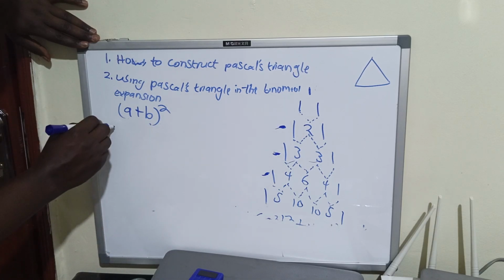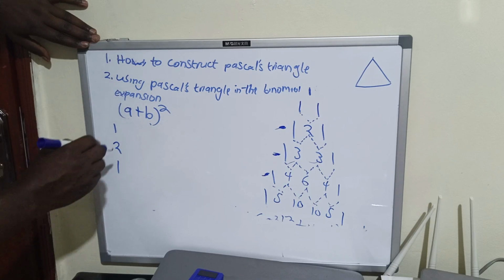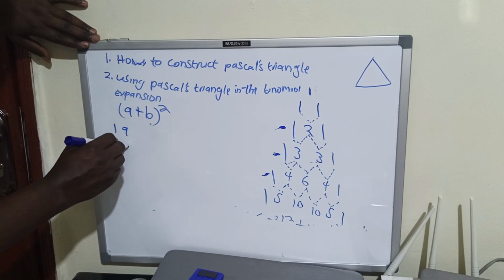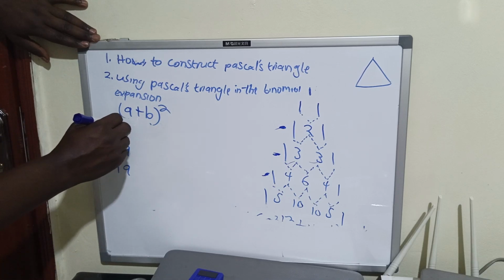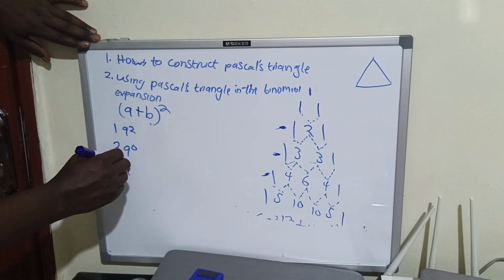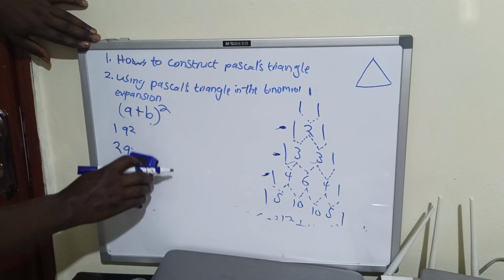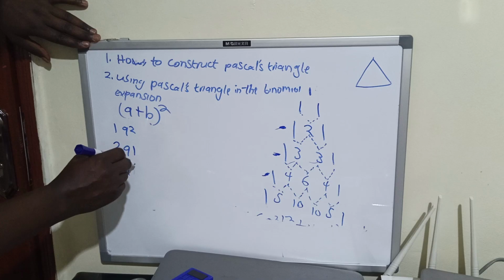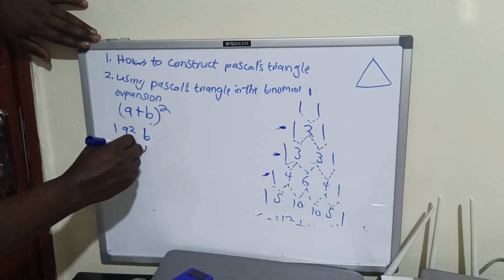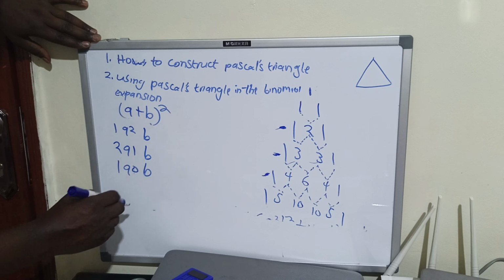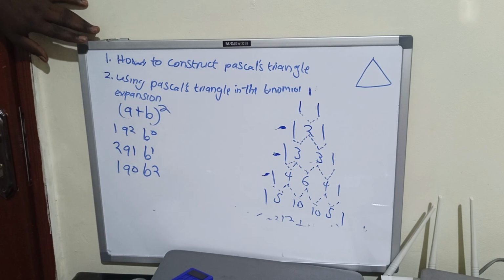We use this line, which is 1, 2, 1. Then we write a to power 2, to power 1, to power 0. Then we write b, to power 2, to power 1, to power 0.